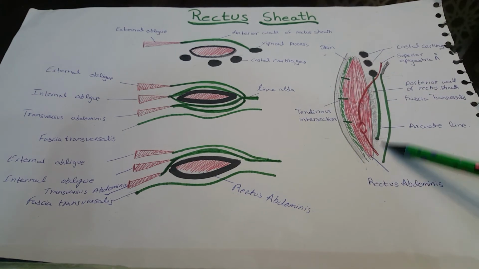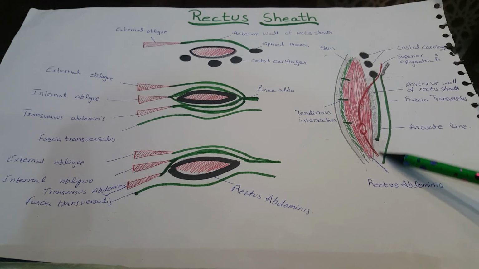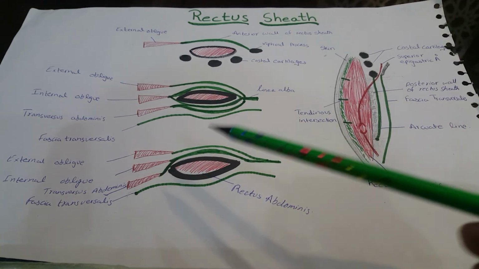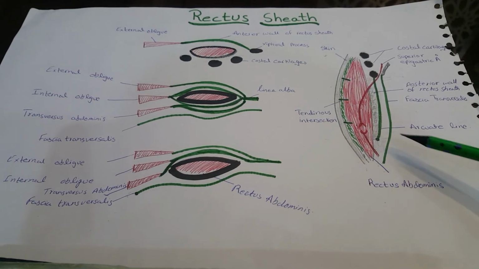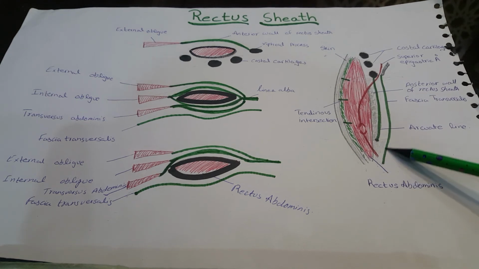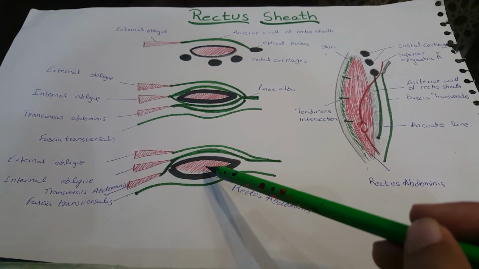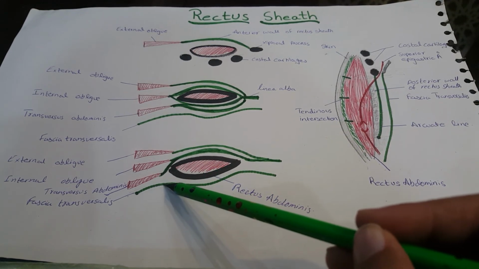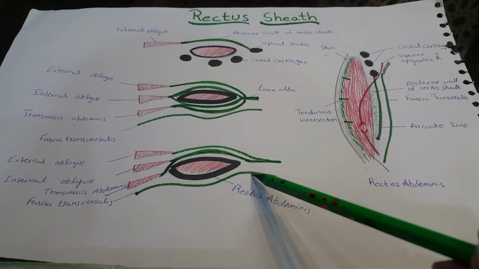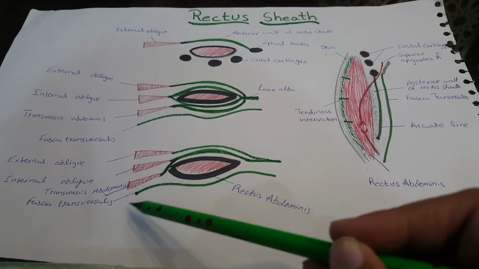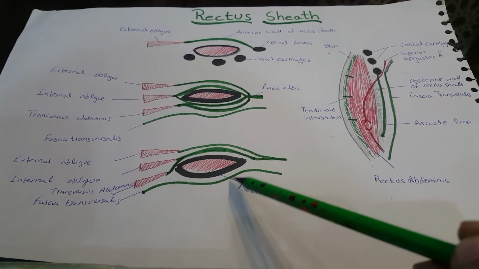And the posterior wall, as you can see in the diagram, is deficient. So posterior wall only contains fascia transversalis. So over here, this is rectus abdominis muscle. Posteriorly, the posterior wall of the rectus sheet is formed by only fascia transversalis.